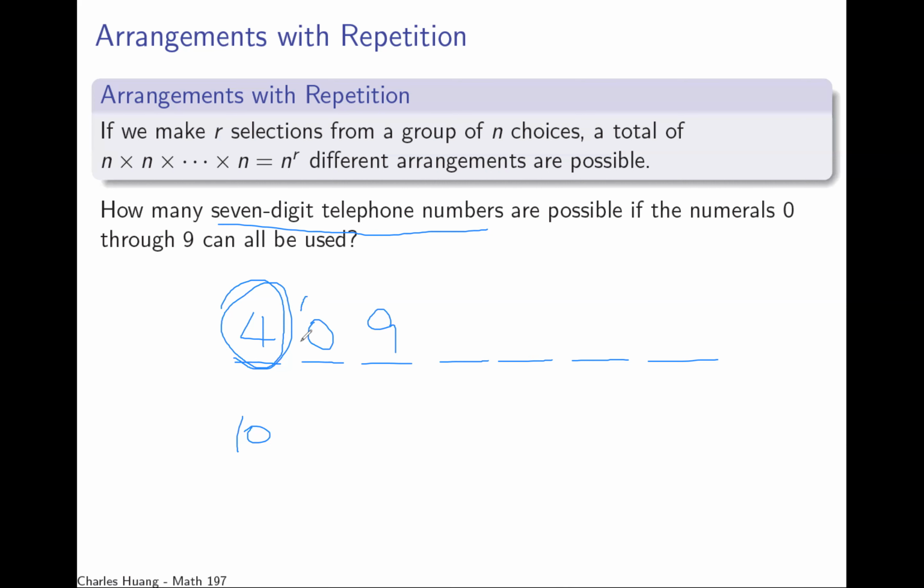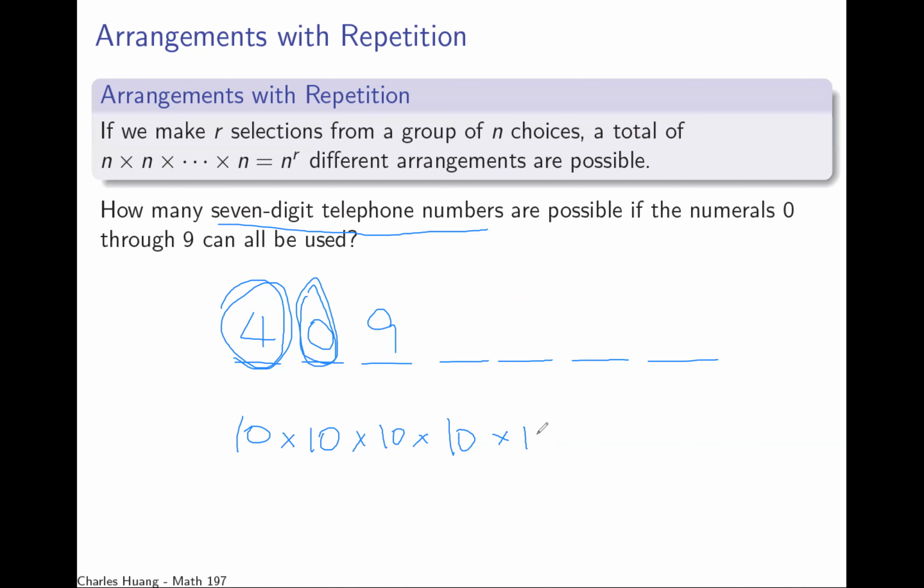For the second digit, same idea. We have 10 different choices that we can possibly make. And then it's another 10, and then another 10. And remember, we have to multiply them, because there are 10 possible choices for the first digit, and then 10 for the second, 10 for the third. They are independent events.